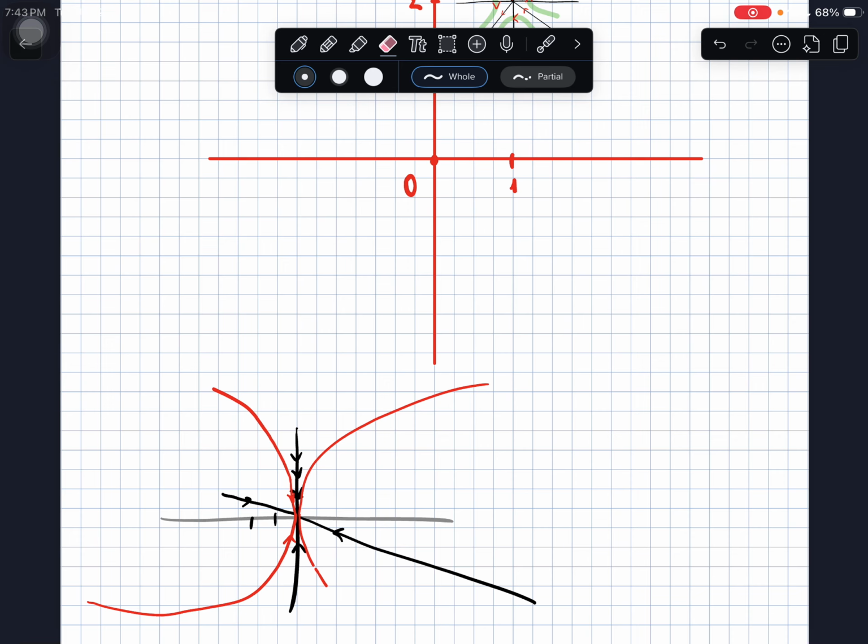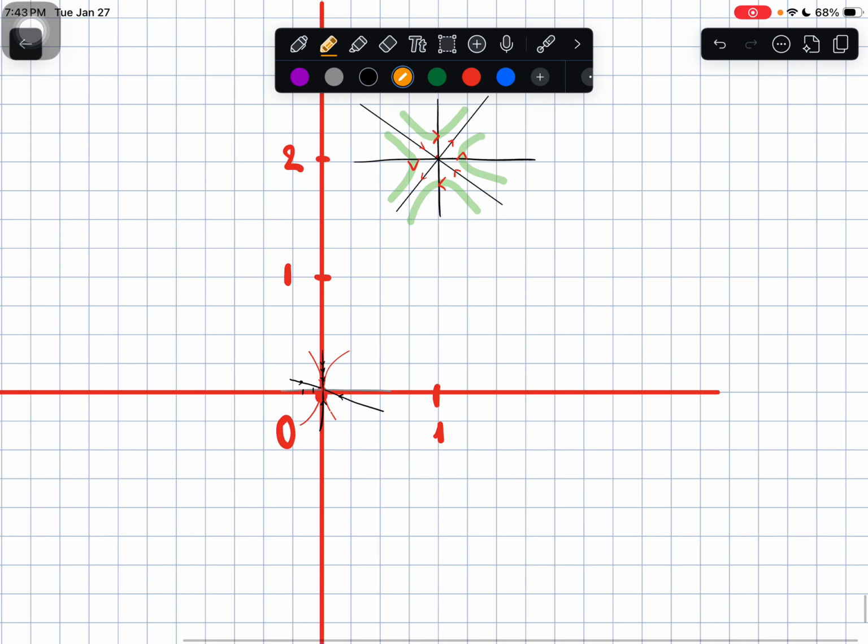We all care about close to this. Let's take this circle and join them together.